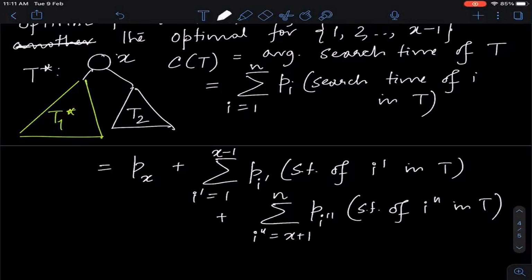This is nothing fancy. I've just written out the definition, divided into three parts.